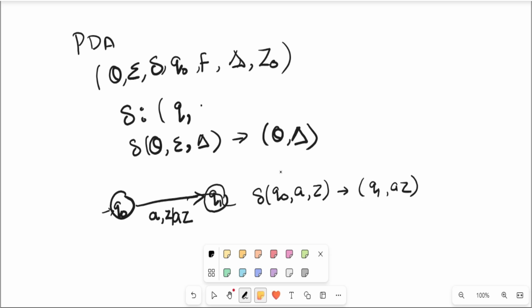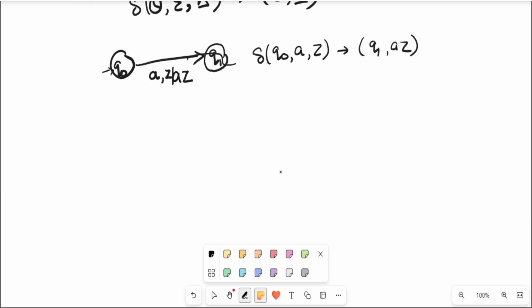Basically in PDA we have three different operations. First is the push operation. Suppose we are at q0, we get a as an input symbol and our stack top is z0, and we are trying to push x onto the stack.